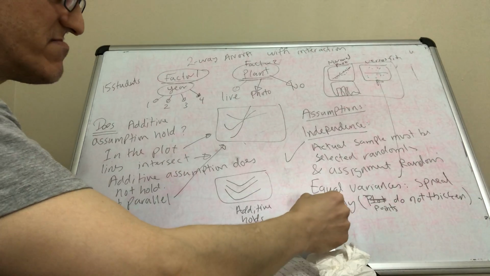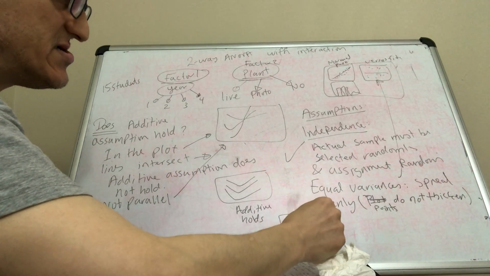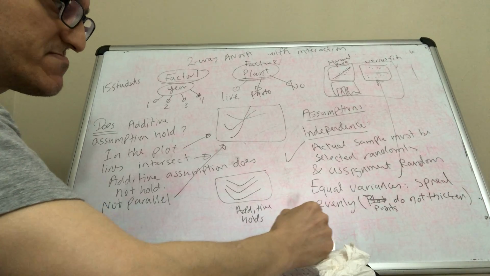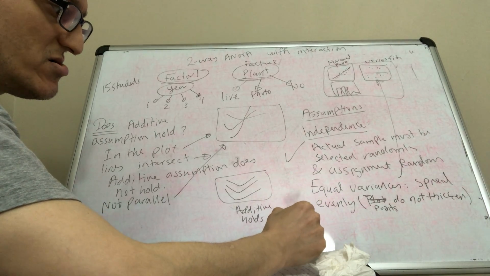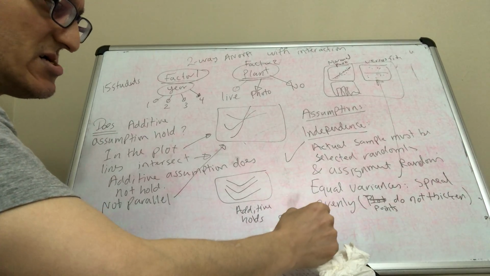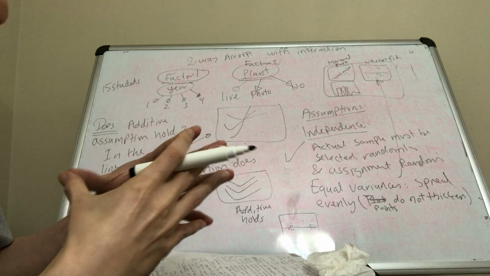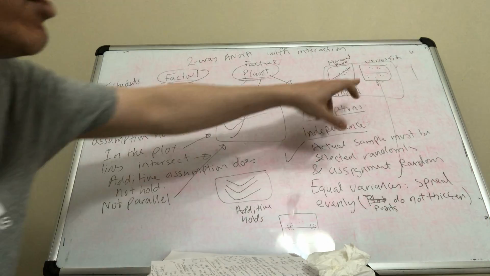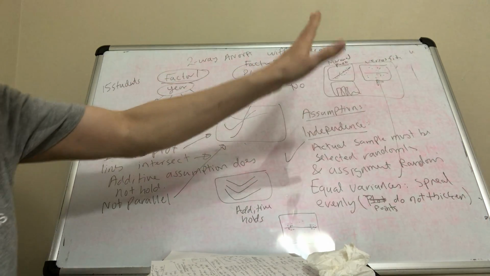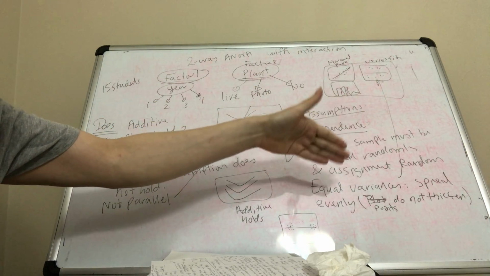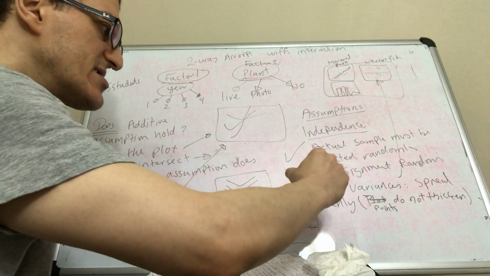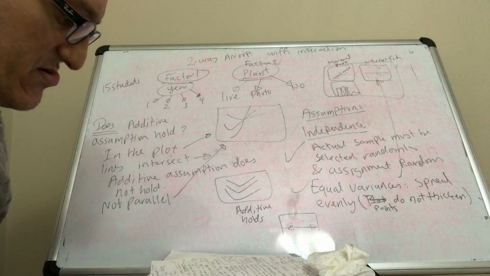If you see the points all in one section, or most of them together in one section, we call this a thicken. But if they're all over the place, that's fine. That's what we hope for. So they do not thicken. So again, this condition is also satisfied.